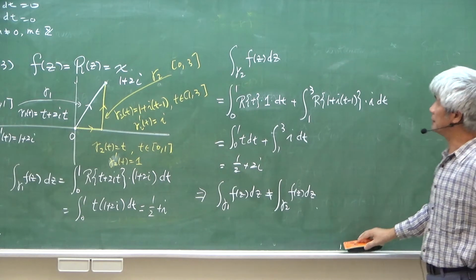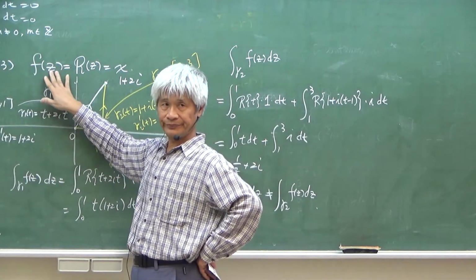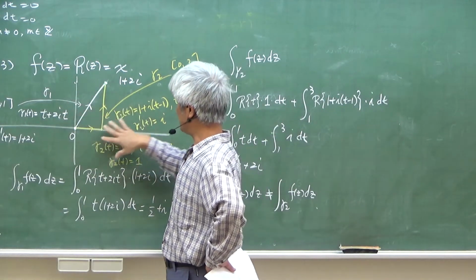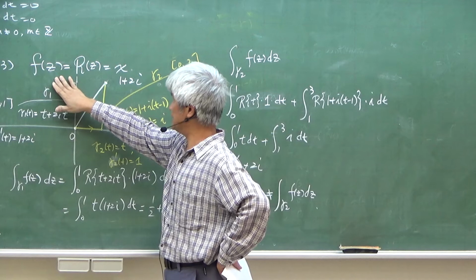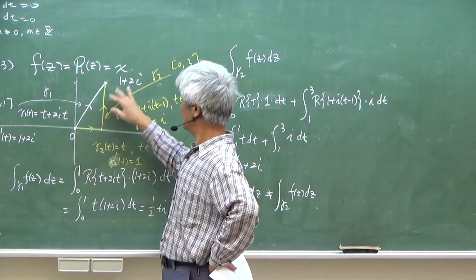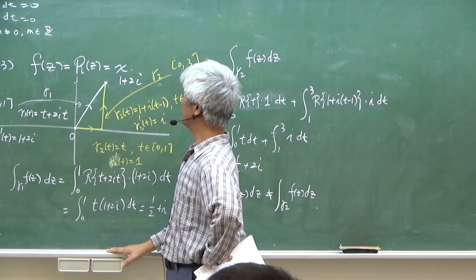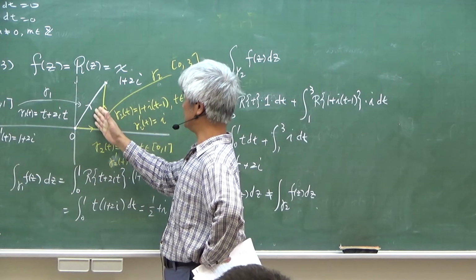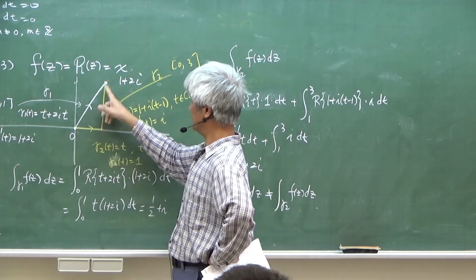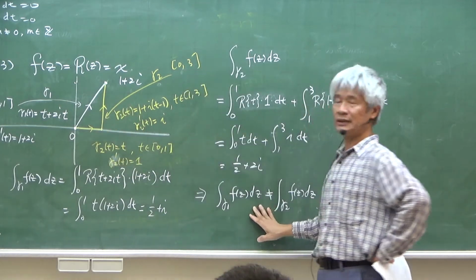And later on, we will prove that if f(z) is smooth, for example analytic, and defined in some open and connected domain with some geometric properties, then if you have different paths with the same starting point and end point, you will have the same line integral.